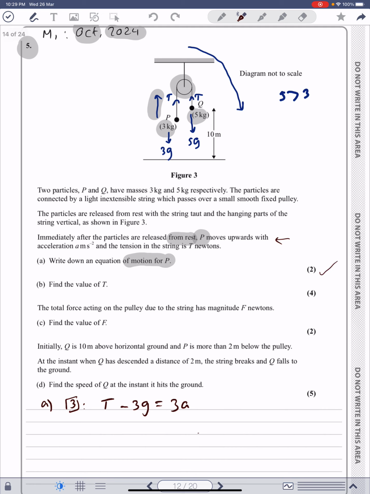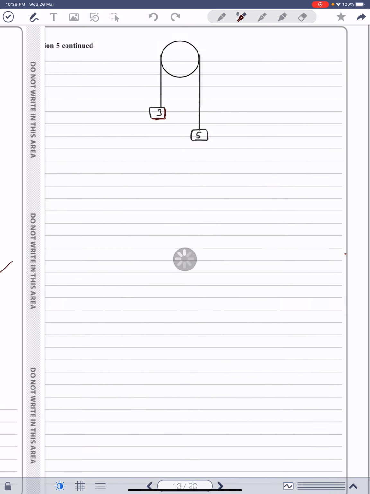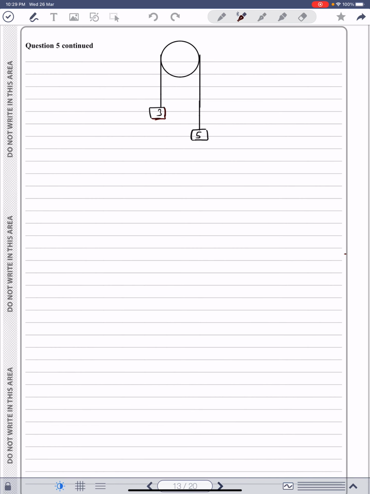For part B, he wants the value of T. As usually we do in exam questions, we don't do it like part of the question. We usually, as always, tell my students: this is the main force, this is the tension towards the pulley, we resolve, then we label, dear students.